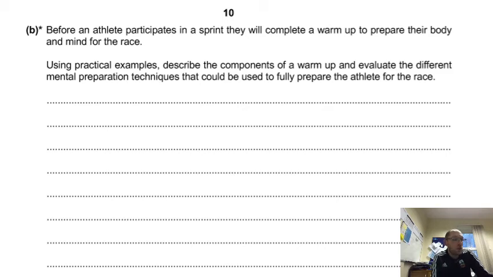Candidates are reminded that their answers need to be relevant to the specific requirements of the question, and the wider synoptic link will not gain credit. While the majority of candidates responded to both aspects of the question, some candidates did not address both, or only covered one aspect superficially. In some instances, more information was provided on mental rehearsal than on the warm-up.